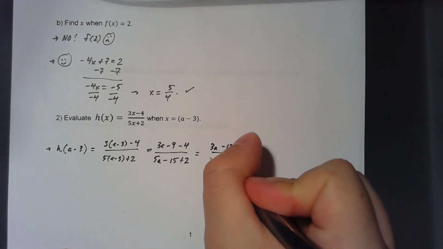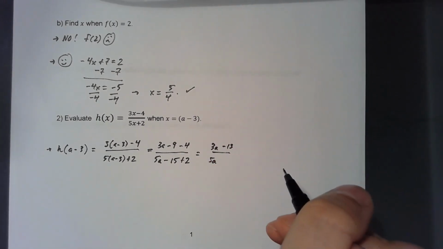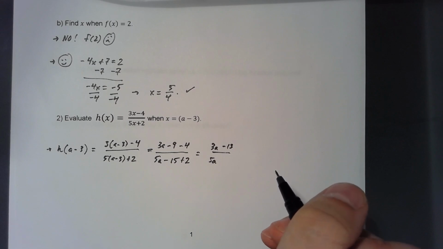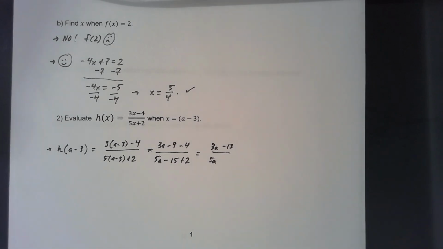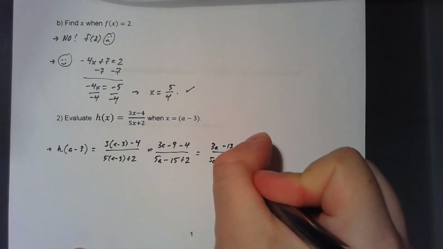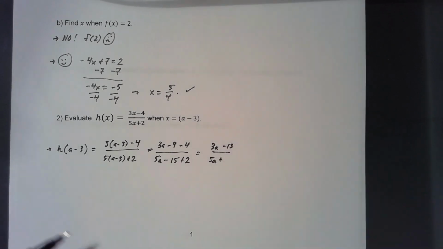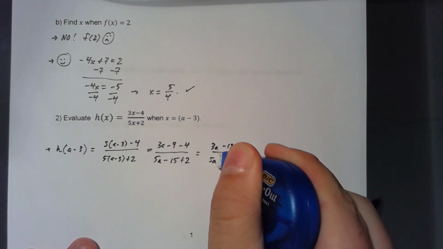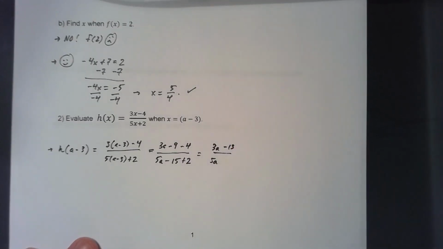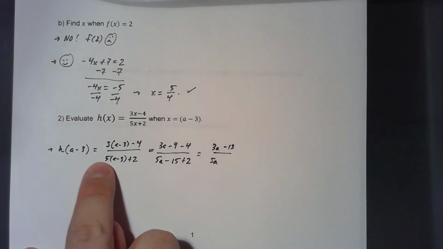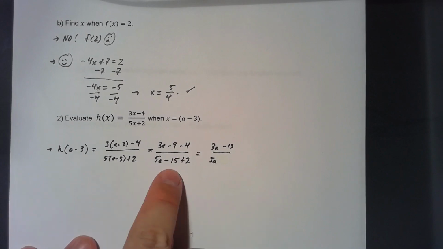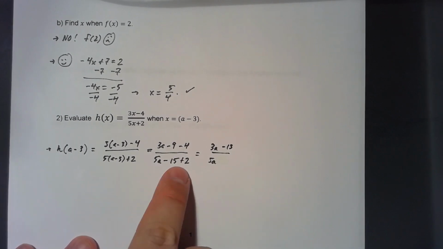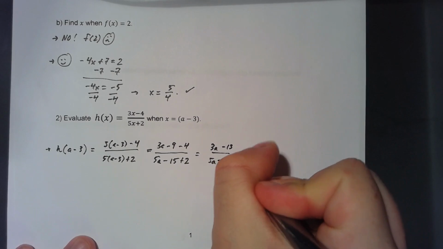And 5a minus 15 plus 2 is what? Oh wait, I'm sorry, negative 13. My bad. Sorry about that. I wrote positive 15 by accident. So just distribute the 5 here: 5a minus 15. Minus 15 plus 2 is minus 13.